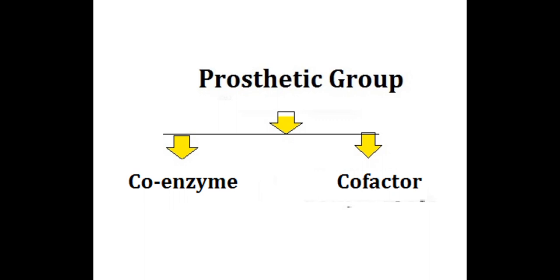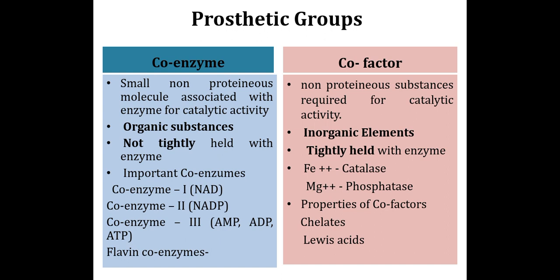The prosthetic group has two types, coenzyme and cofactor. The coenzymes are small non-proteinaceous molecules associated with the enzyme for its catalytic activity. Cofactors are also non-proteinaceous substances and they are required for the catalytic activity. The main difference is that coenzymes are organic substances while cofactors are inorganic substances. The coenzymes are not tightly held with enzymes, but cofactors are tightly fitted with enzymes.